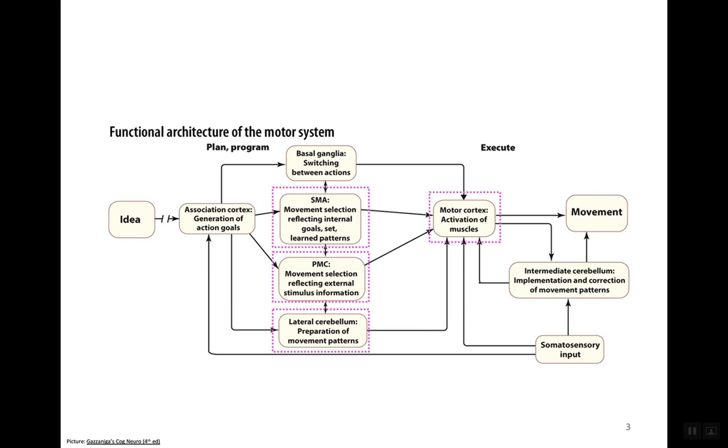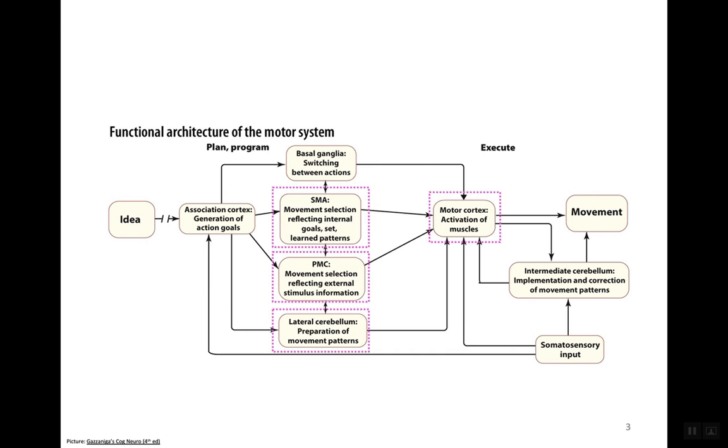Now, the regions that facilitate both planning and execution are quite a few, and we will not have the opportunity to talk in detail about every single one of them. However, I will draw your attention to just a number of them, which are shown here with the magenta colors.